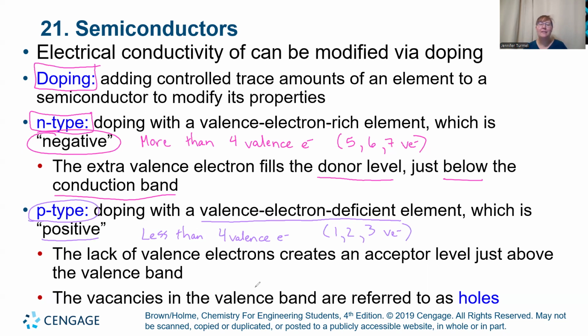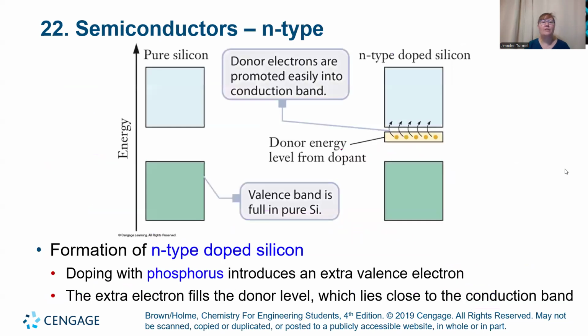The lack of valence electrons creates what's called an acceptor level just above the valence band. When you create this acceptor level, you'll create vacancies in the valence band, and we just call those holes in the valence band. So this is kind of a picture of that.